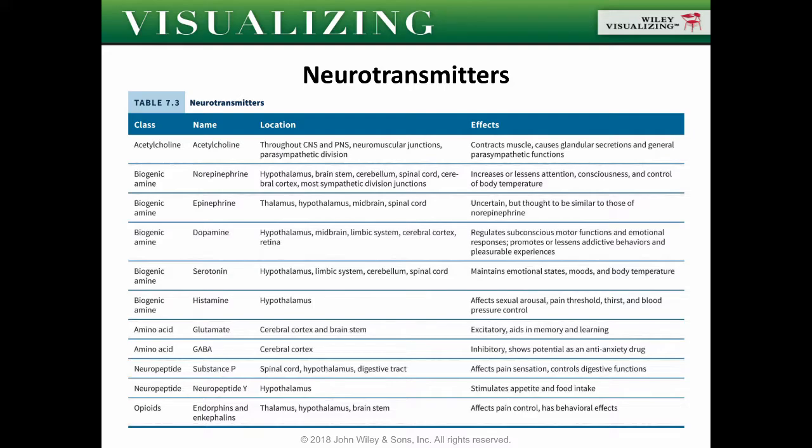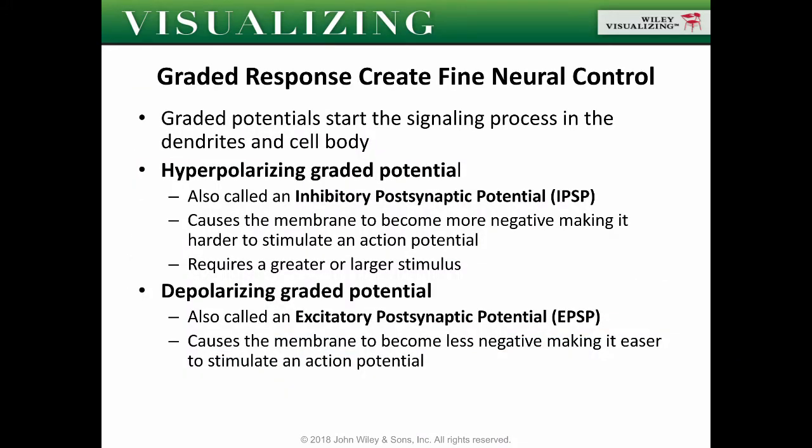Okay, so we have several types of neurotransmitters here, depending on what type of cells are producing them, and what they are for. So graded responses create fine neural control. So although the firing of the action potential is all or nothing, recent studies are showing that you can have some sort of a graded response. Basically, graded potentials start the signaling process in the dendrites and cell body.